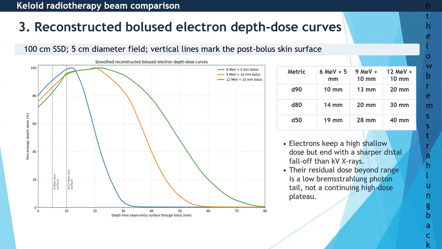We use a thicker bolus for 9 or 12 MeV, normally 10 millimeters thick. And that, again, is to raise the dose from a surface dose of less than 80% to over 90%.